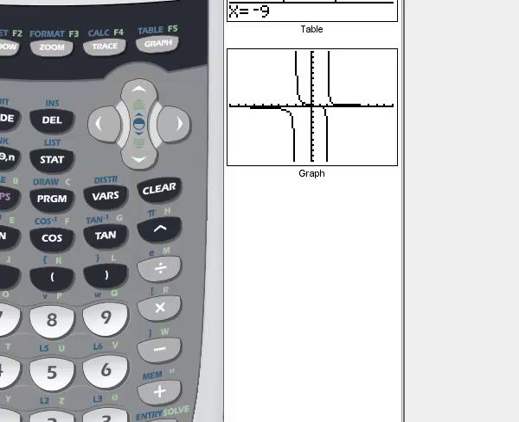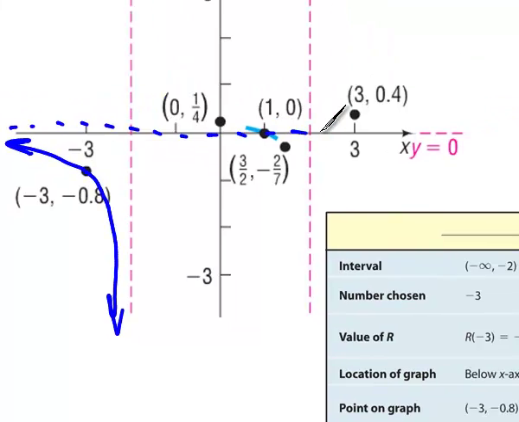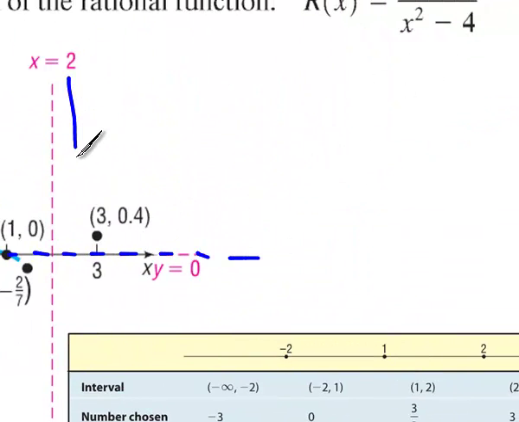So that tells us that our curve is below the x-axis, because this is our horizontal asymptote here. And our curve comes down like this. I missed the point.